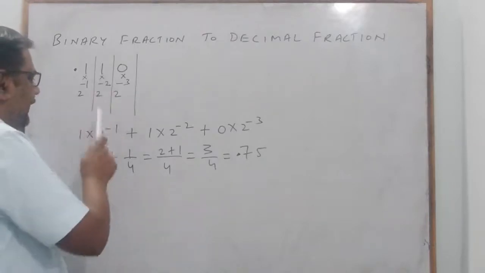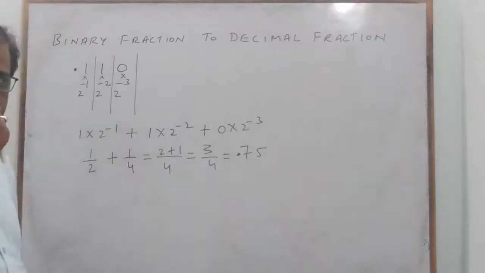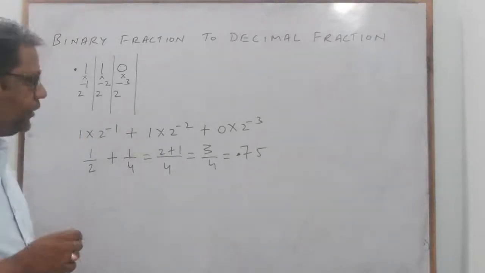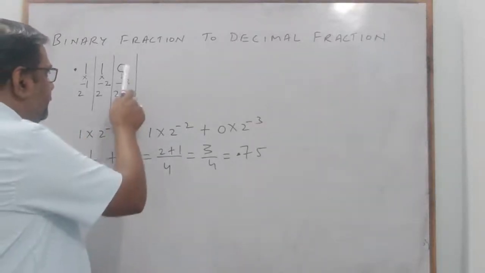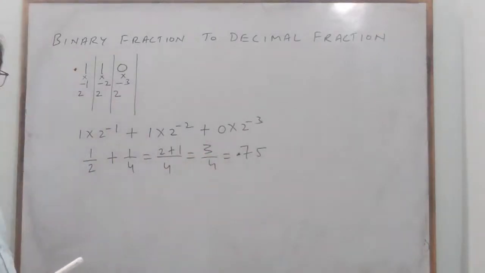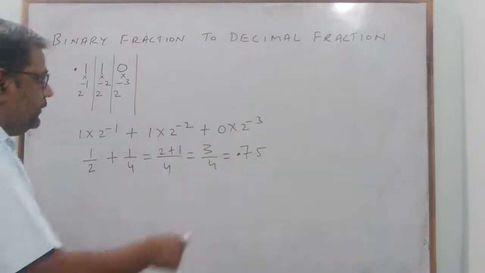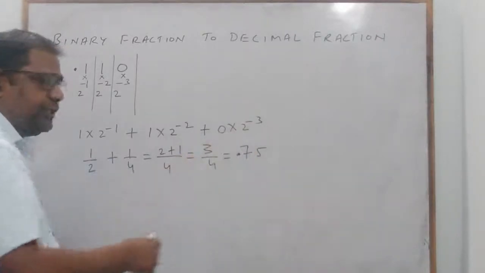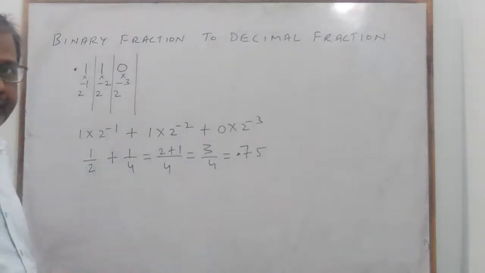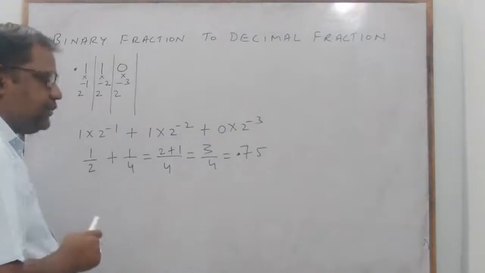This is 1 and it will be multiplied by 2 to the power -2. Next we are at 0 and 0 will be multiplied by 2 to the power -3. So when we evaluate, it becomes 0 because 0 multiplied by anything will become 0.